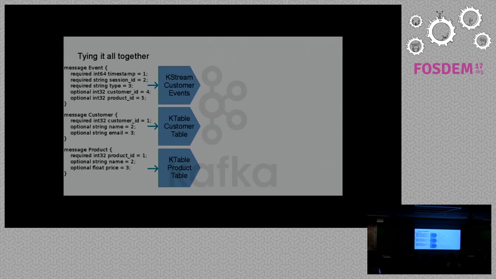And then we have the optional fields customer ID and product ID. Then from your customer database you get these customer messages, which again have a customer ID, a name, and an email. And your product database provides the product messages, with a product ID, a name, and a price.